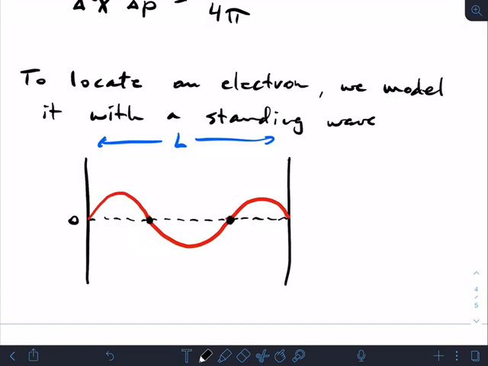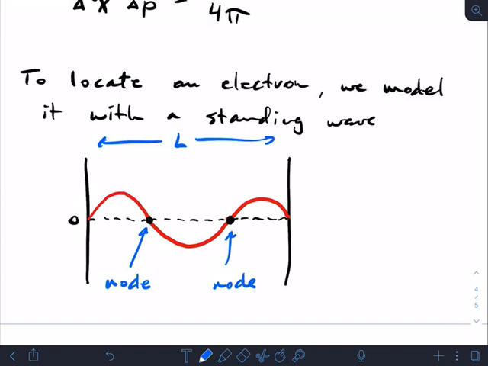But at these places where it crosses 0, that is referred to as a node. So at a node you have no chance of finding a particle.